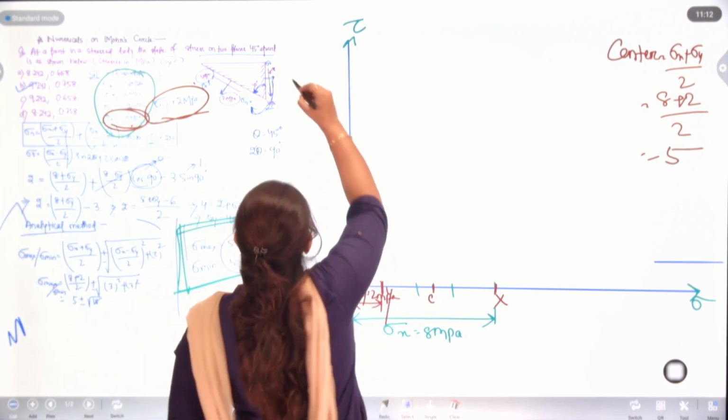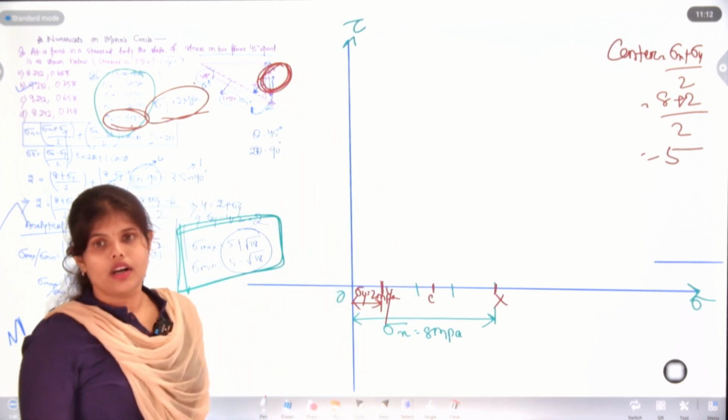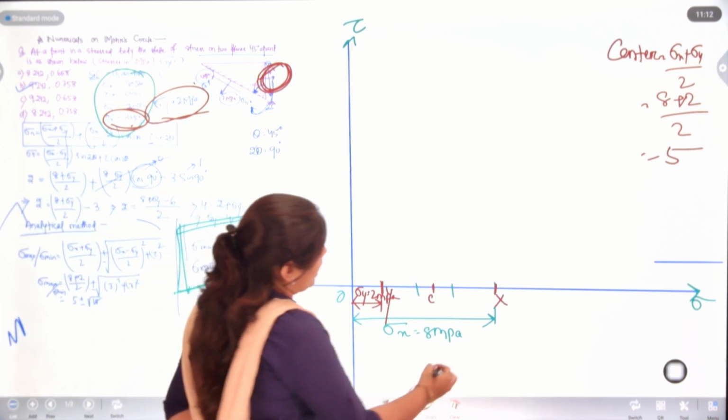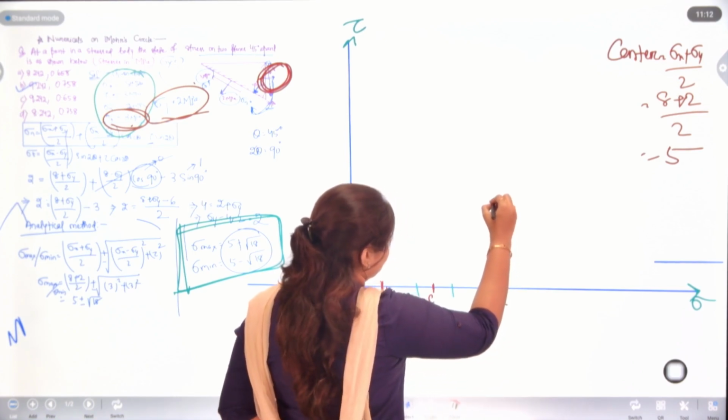So, in which plane are we having tau? We are having tau in the x plane. So, we need to plot that positive clockwise here. Okay.